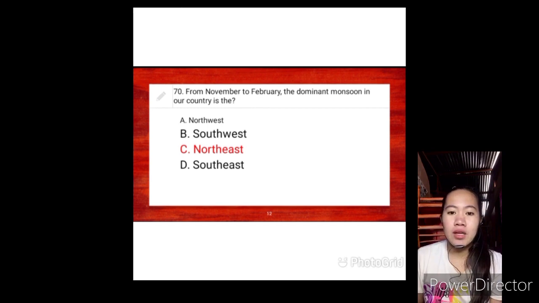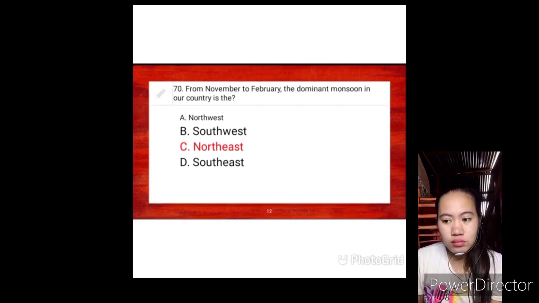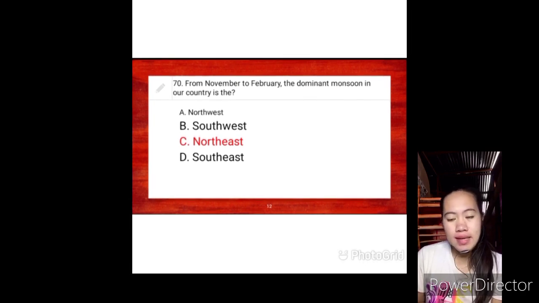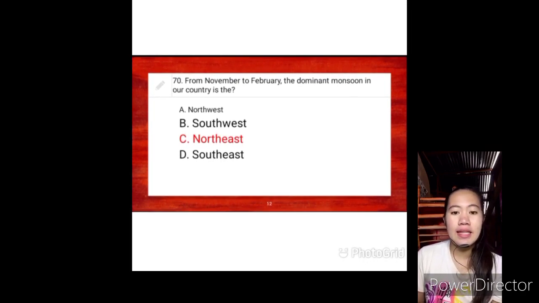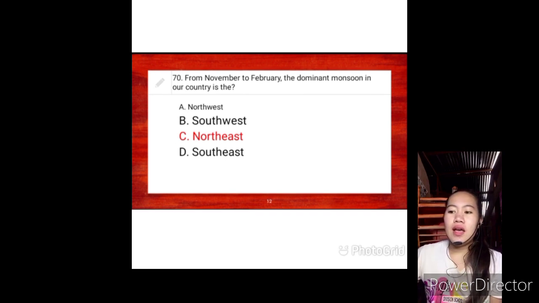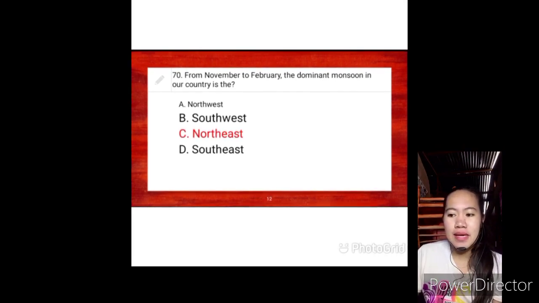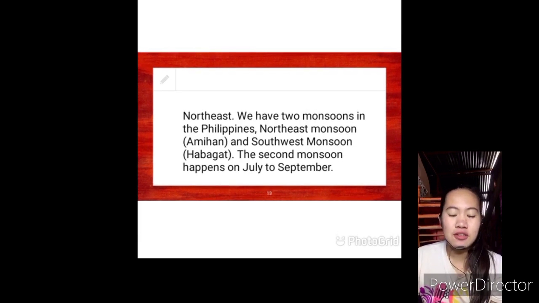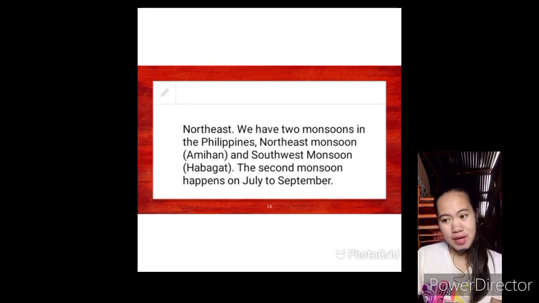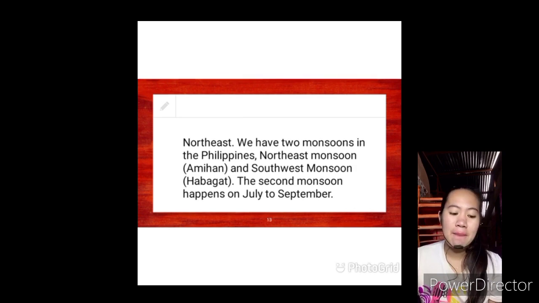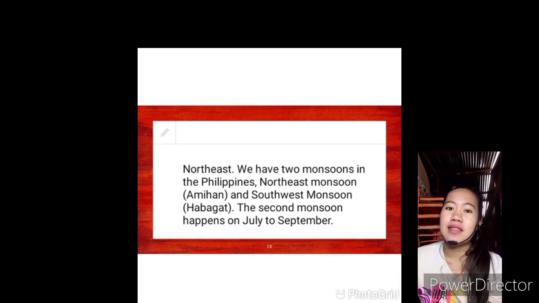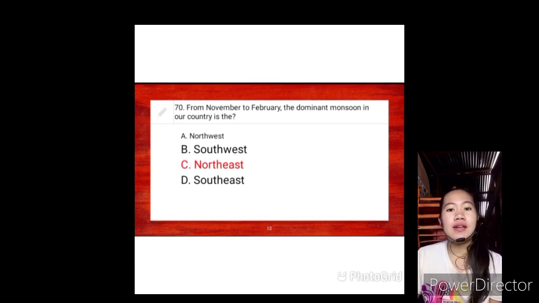So, if you break it down, letter A and letter D are already wrong. So the choices are between letter B and letter C. Letter B, Southwest Habagat, happens from July to September, and the Northeast happens from November to February. So the answer for this is letter C.